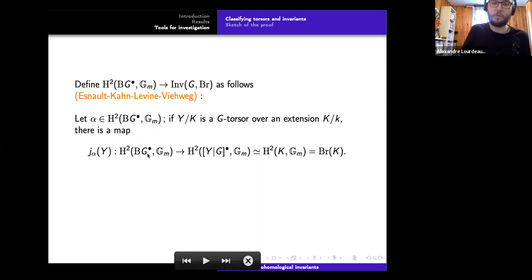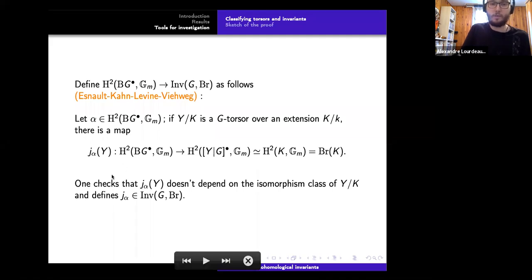We have the pullback map between cohomology, and secondly the cohomology of YG is just the cohomology of K, which is the Brauer group of K. And in that case, it is easy to check that J alpha of Y doesn't depend on the isomorphism class of Y. So we can define a global invariant J alpha, the Brauer invariant of G.